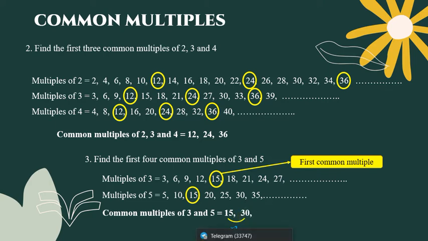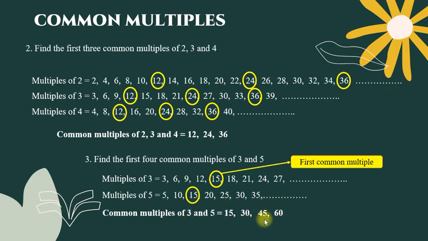The next one you can obtain by times 3. 15 times 3 is 45. Remember, you must multiply the first common multiple, not the second one. And then the fourth one we can obtain by times 4. So 15 times 4 equals 60. So these are your common multiples.